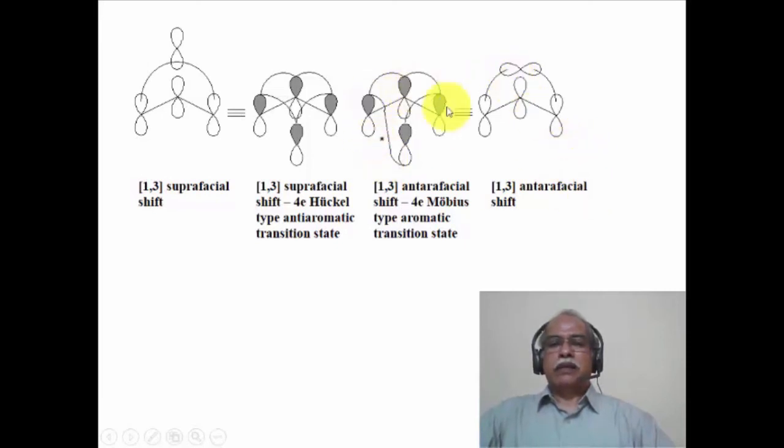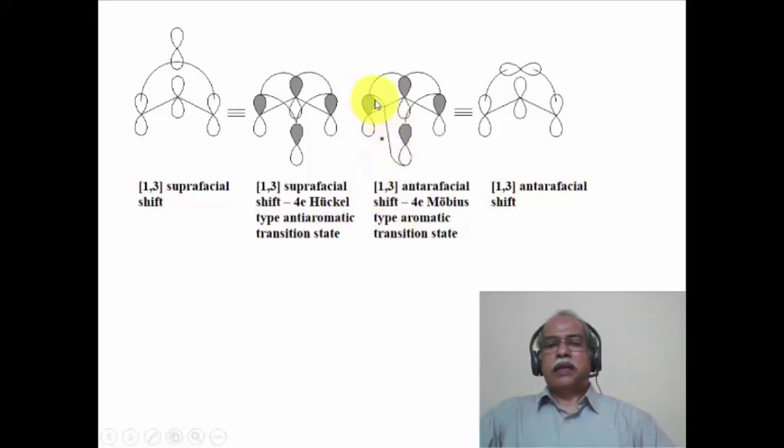So in this particular case, the transition state is cyclic, but it has a nodal point. You can see here there is a change in the algebraic sign of the coefficient of the molecular orbital. So that is a nodal point.